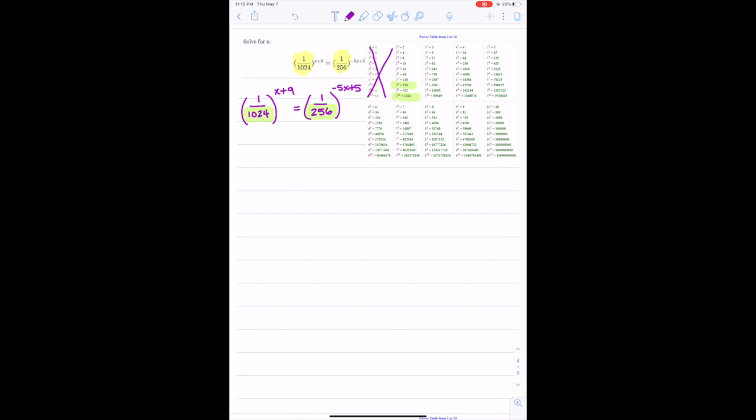So I can go back into my equation now, and I can rewrite it as 1 over, what's 1024? 2 to the 10th power, to the x plus 9, equals, and 256 is 2 to the 8th, 1 over 2 to the 8th to the negative 5x plus 5.